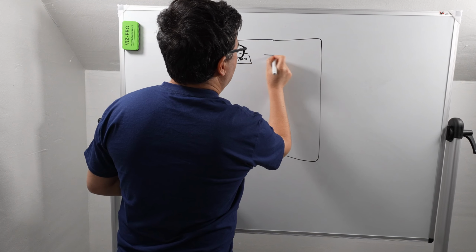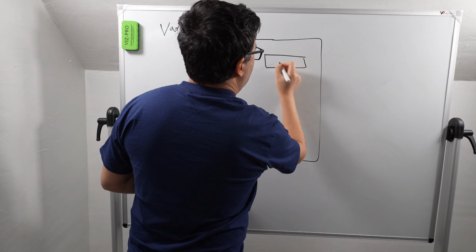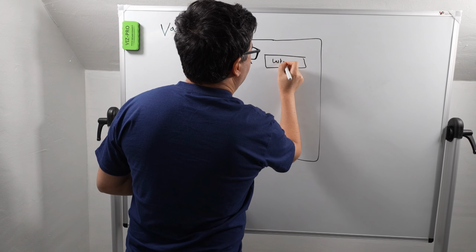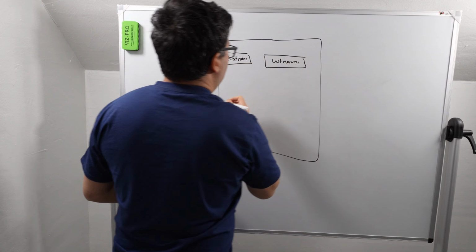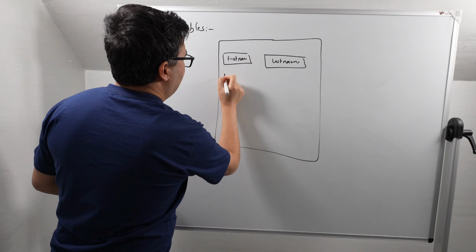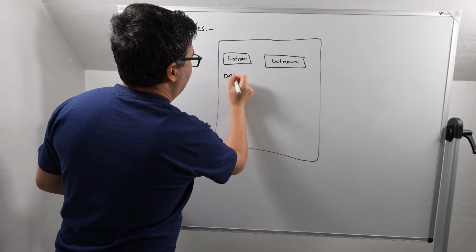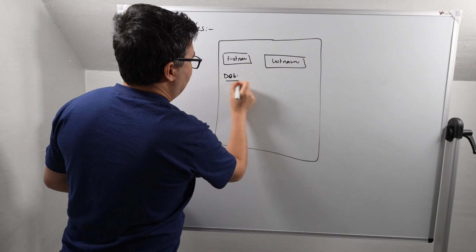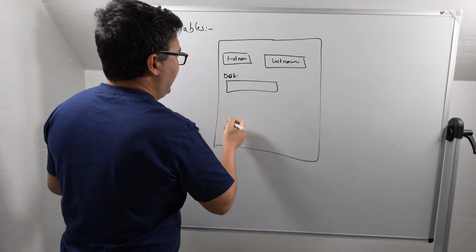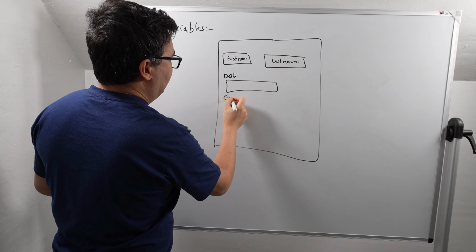Then there is another text field which says last name. There is another text box for date of birth, and there is another for gender.